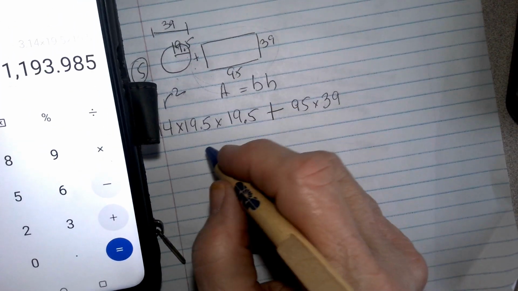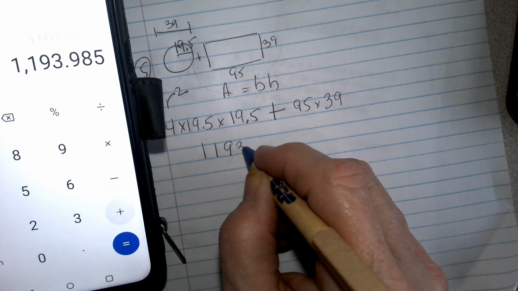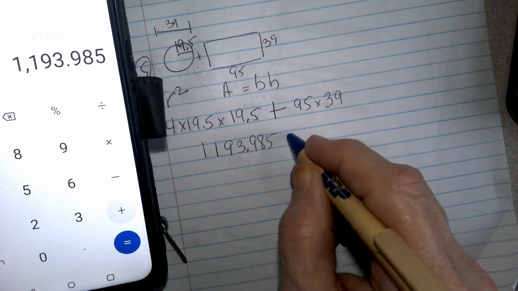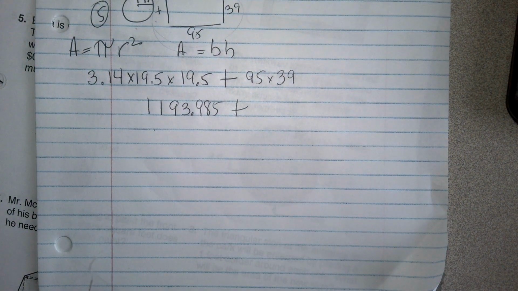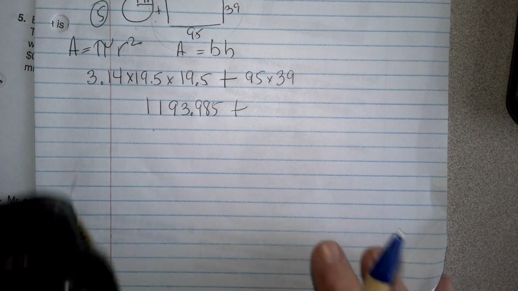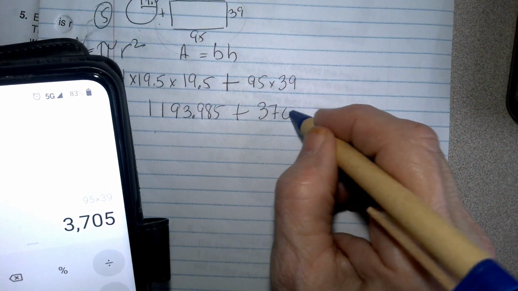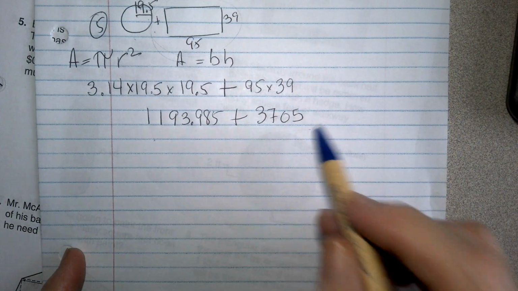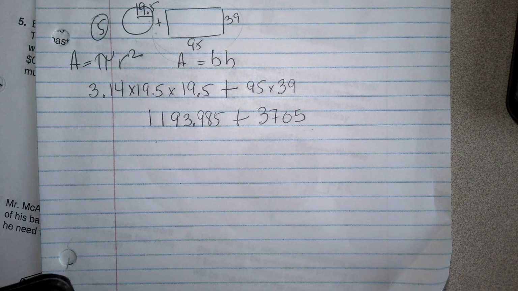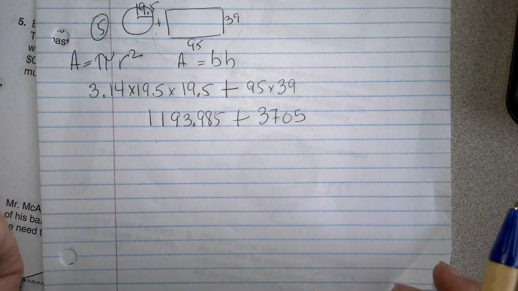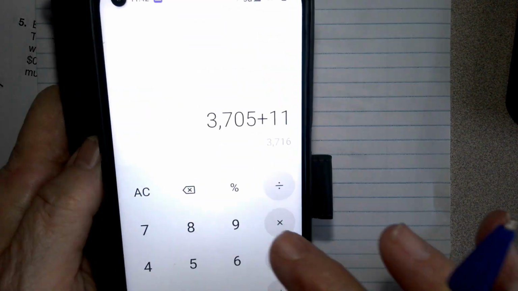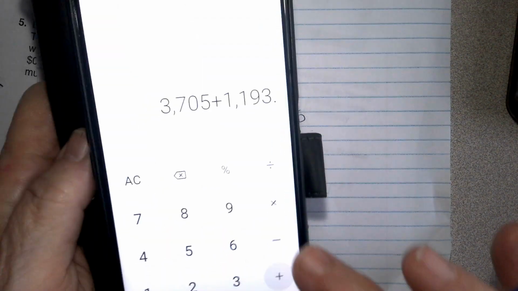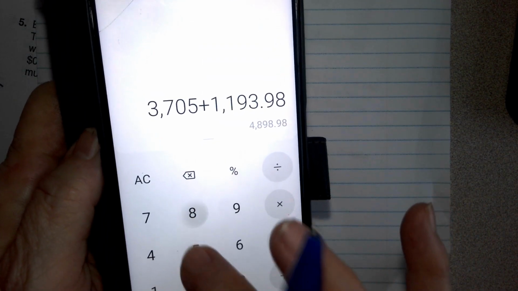So that is 1193.985 plus, okay, so show your totals, and then we're going to do the 95 times 39, which is 3705. And then how do I get the total of them both? So we're going to add, again, we're going to do this all on the calculator, 1193.985. Okay.